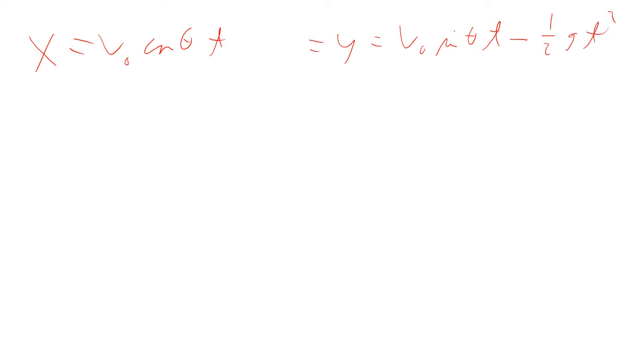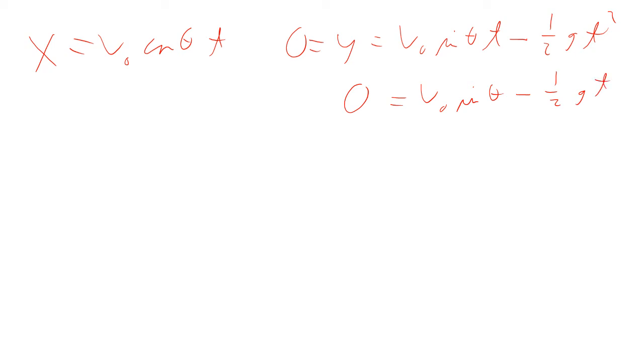But we know that's equal to 0. Okay, so that means we can actually factor out a t here. So we can factor out a t, so v naught sine theta minus 1/2 g t.